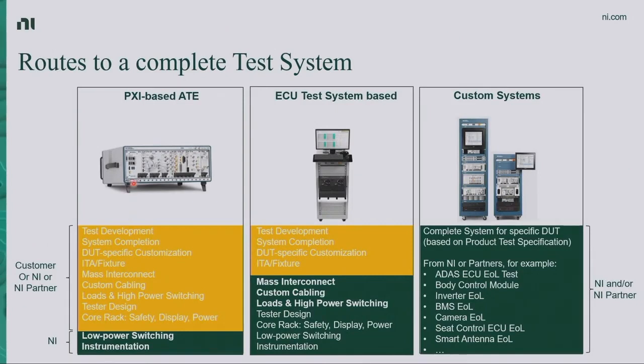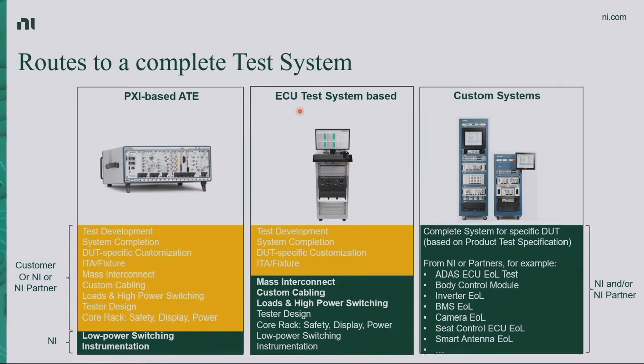Building blocks to a complete test system. As you can see on the first diagram is a PXI-based ATE, where this is a DIY tester. On this part, the customer has to do 80% of the work themselves, from test development up to rack safety, display, and power selection. And NI will only deliver 20% based on PXI, low power switching, and instrument.